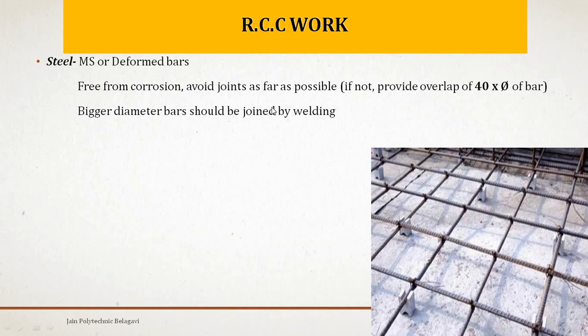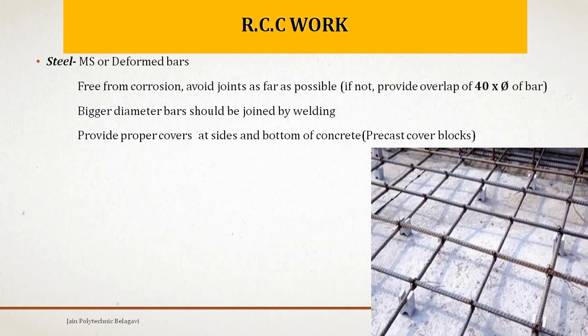If there is a possibility of overlapping or joining the bars, the overlap should be 40 times the diameter of the bar used. Bigger diameter bars should be joined by welding, and the joints may also be tested before placing in position.